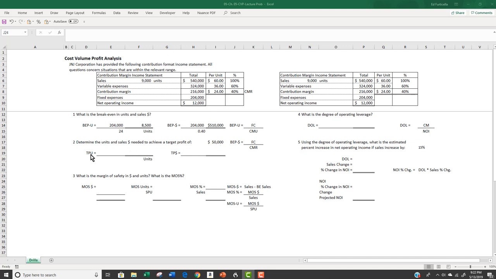Determining the target profit units requires that we add the fixed cost and target profit to get $254,000. Dividing the $254,000 by the $24 contribution margin per unit gives us 10,583 units, which is the number of units we must sell to reach a profit level of $50,000.